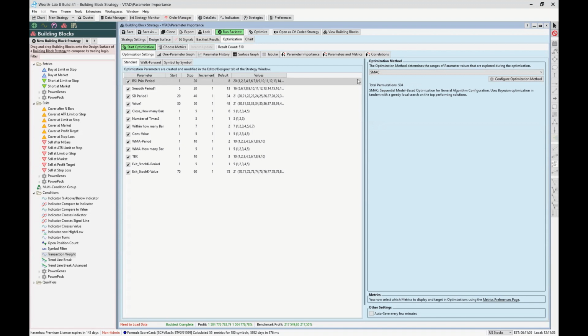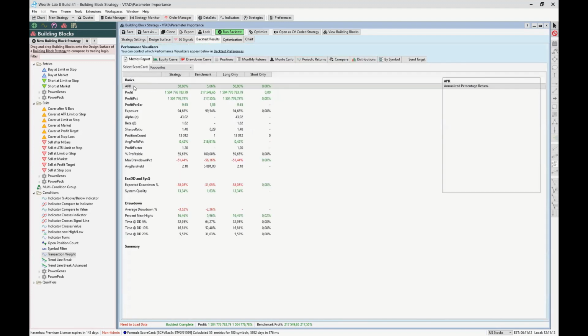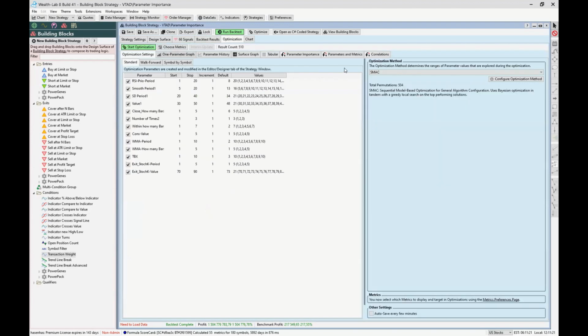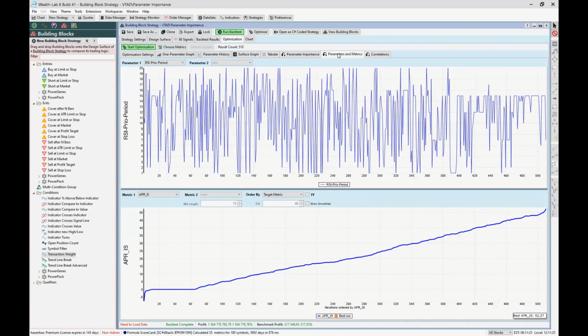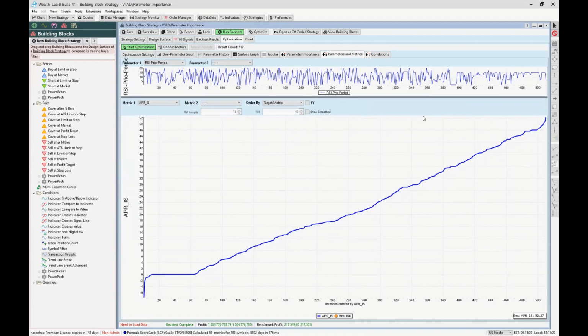But I have done this right now, and now it's about curve fitting. So the question is, can we really expect 50% return, or have we made over-optimization, curve fitting here? So we have here the possibility to go to the parameters and metrics tab. And what we can do here now, let's focus on this graph here.